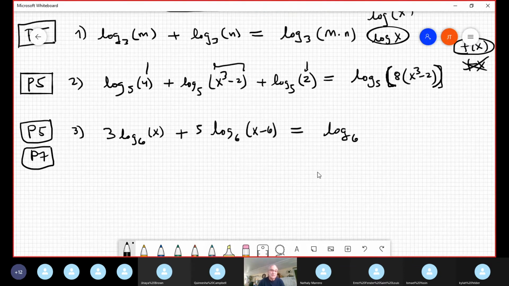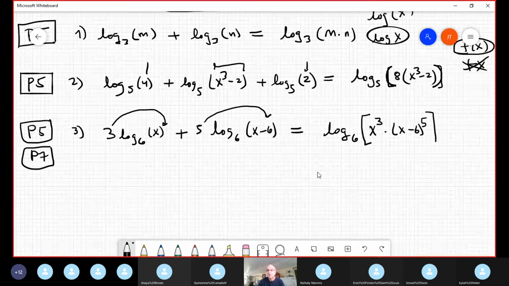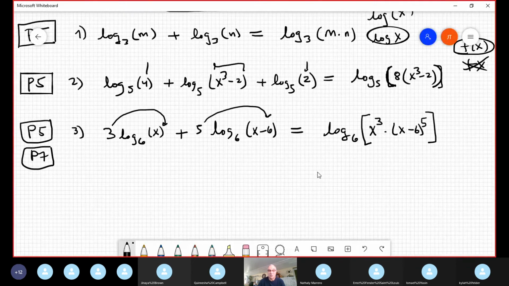So you apply property number 7, which allows this factor to go here as an exponent. Actually it is x cubed times, because the plus is times, x minus 6 to the 5th power. And don't forget the last parenthesis must include everything inside the argument for the logarithm function.